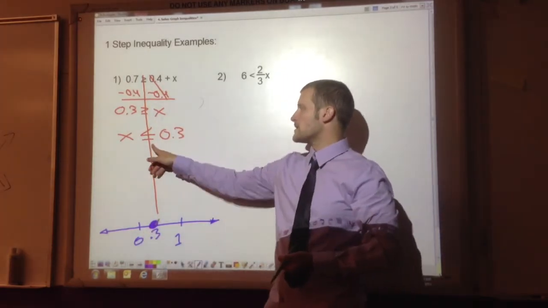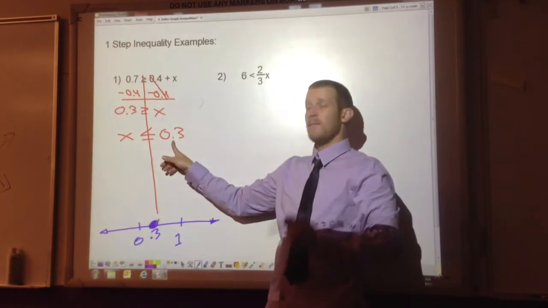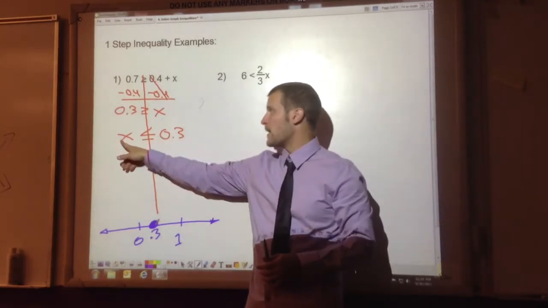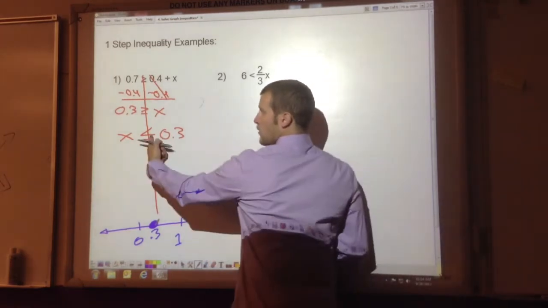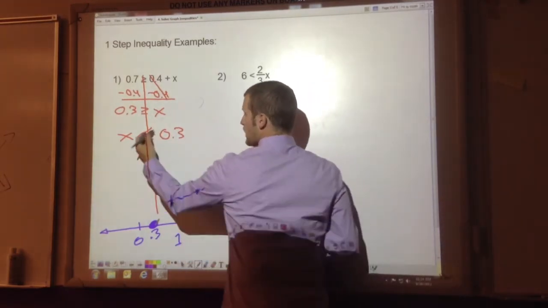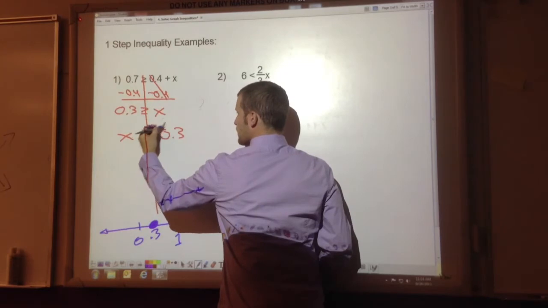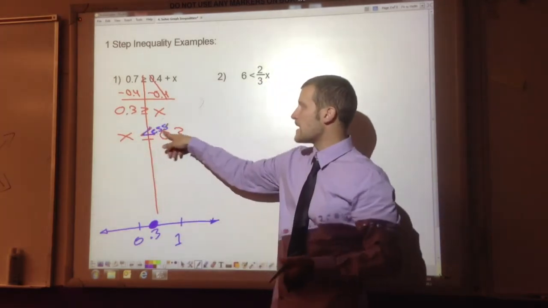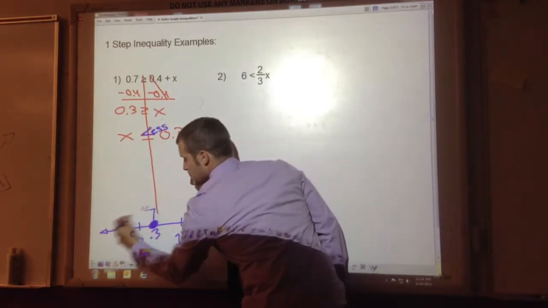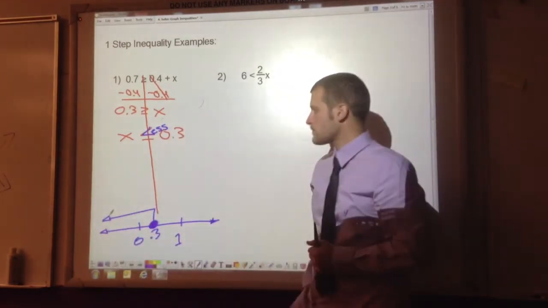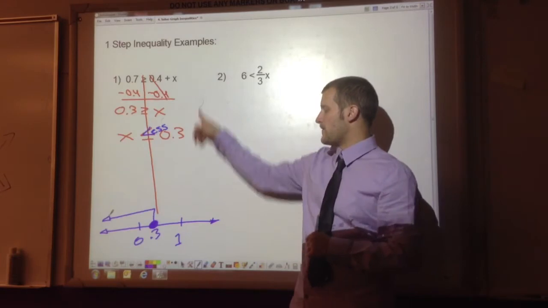And then I'd look here and say the Pac-Man is eating 0.3, 0.3 is bigger, the arrow is pointing at x, x is smaller. Maybe your teacher has even talked about this type of thing, where if you try to write less in it, this does say less. So x is less than, which means I want my x's to go down. And that'd be it. We'd be finished with this example.